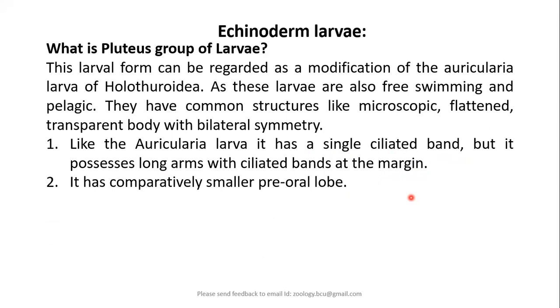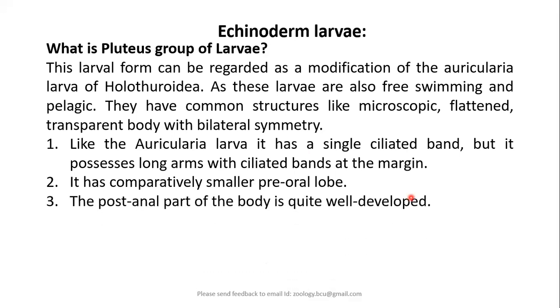But the Pluteus larvae have a comparatively smaller preoral lobe. In the previous session, we saw that the preoral lobes of Auricularia larvae are well developed. The post-anal part of the body is quite well developed here in the Pluteus larva.